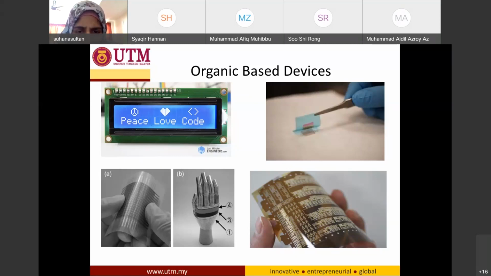And at the same time, the piezoelectric properties are also very interesting. Piezoelectric properties means it is sensitive to the pressure that you apply on the material. When you apply the pressure, it can produce voltage. There's some sort of power being produced. This is the type of research that they are going through using organic based devices.